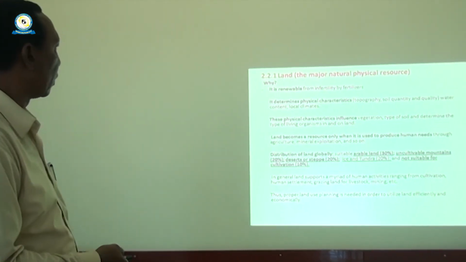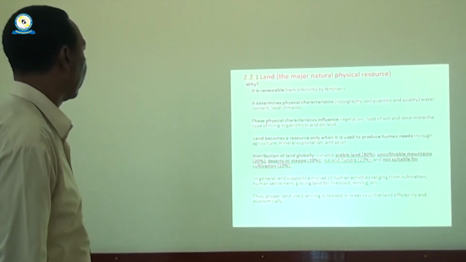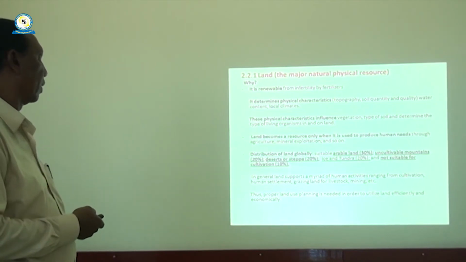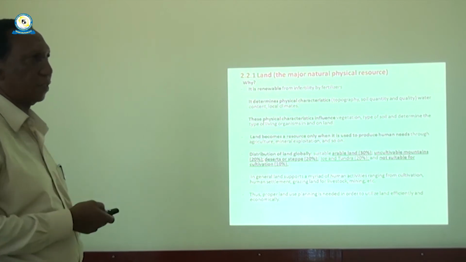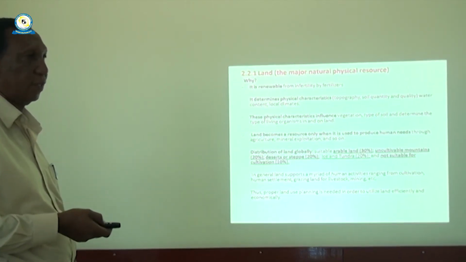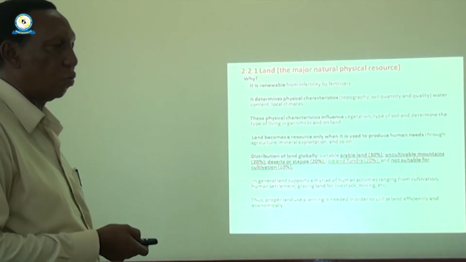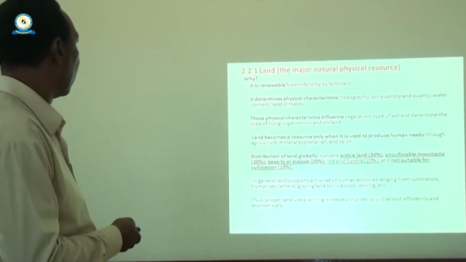Now, land is said to be the major natural physical resource. Why? I have listed a number of points there. It's renewable from infertility by fertilizers. When land falls out of fertility, you can add fertility. It could be industrial, or natural, or compost, humus, and so on.